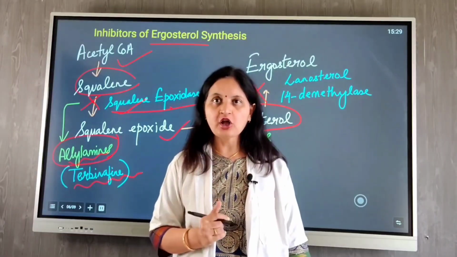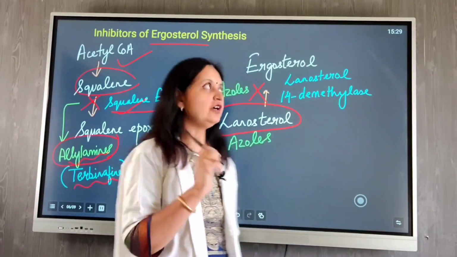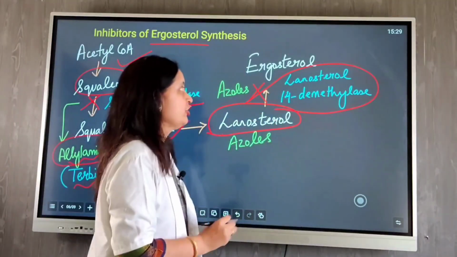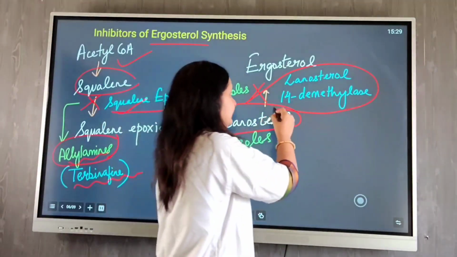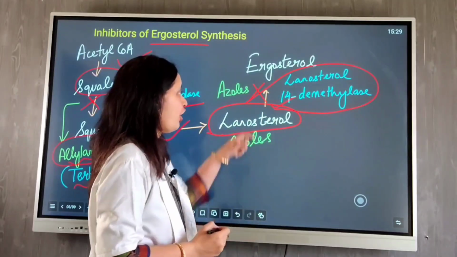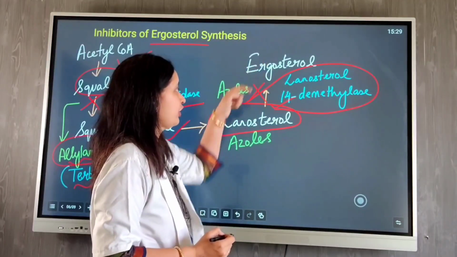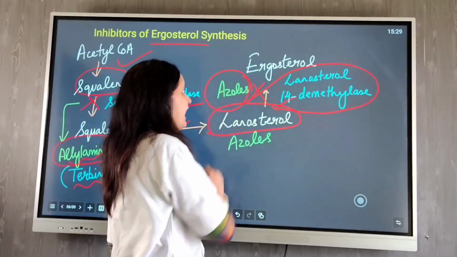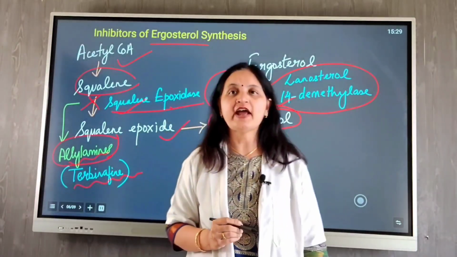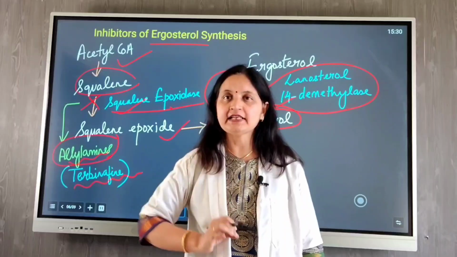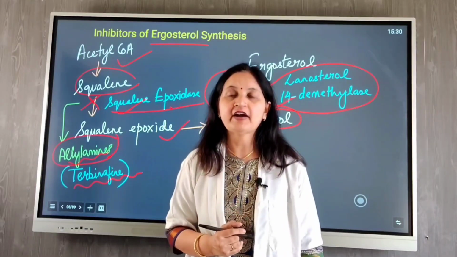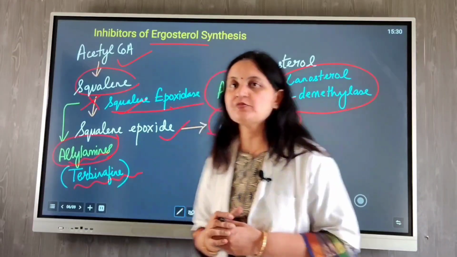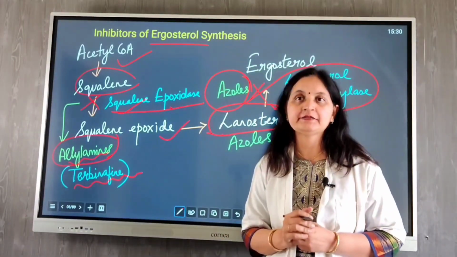Once lanosterol is formed, it gets converted to ergosterol in the presence of 14-demethylase. Lanosterol 14-demethylase catalyzes the conversion of lanosterol to ergosterol, and there is a class of antifungal drugs known as azoles that inhibits this demethylase enzyme, thus inhibiting the synthesis of the final product, ergosterol, and this causes disruption of the plasma membrane and death.